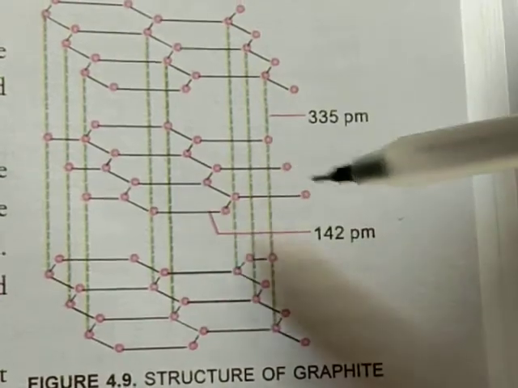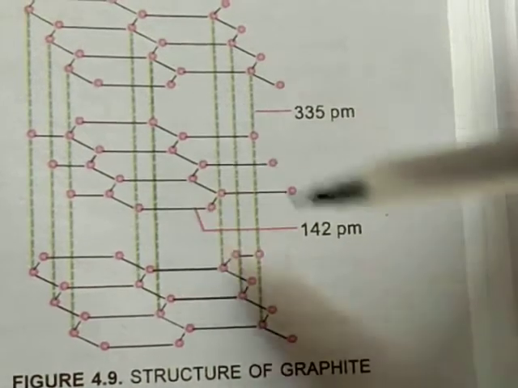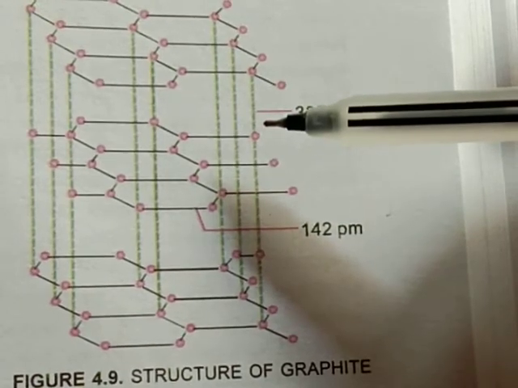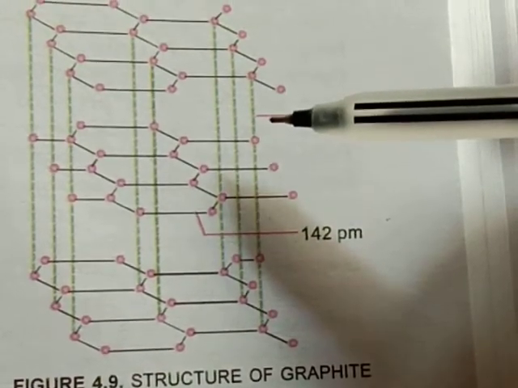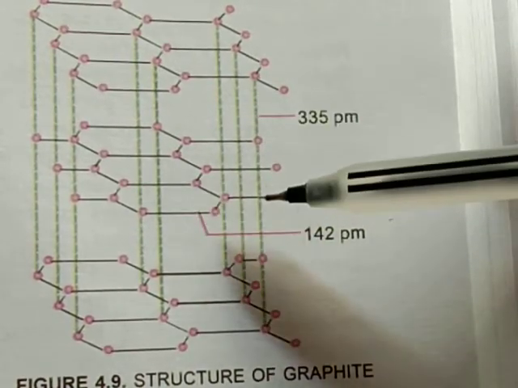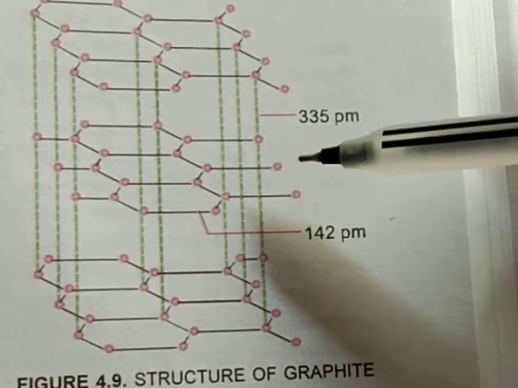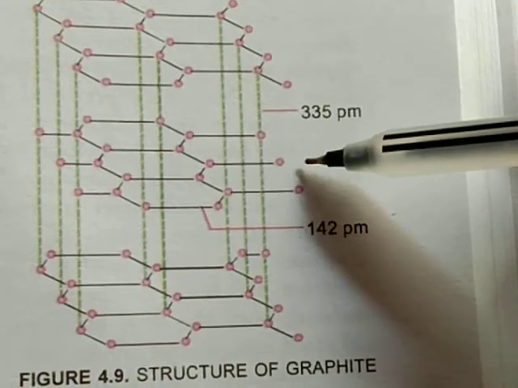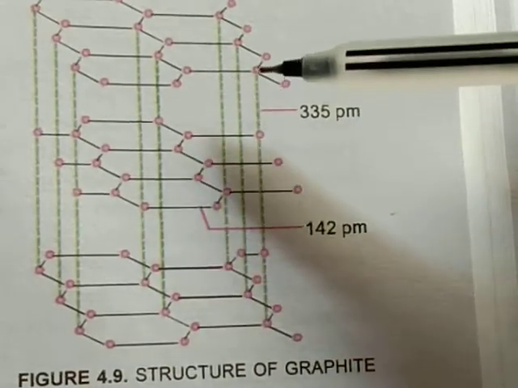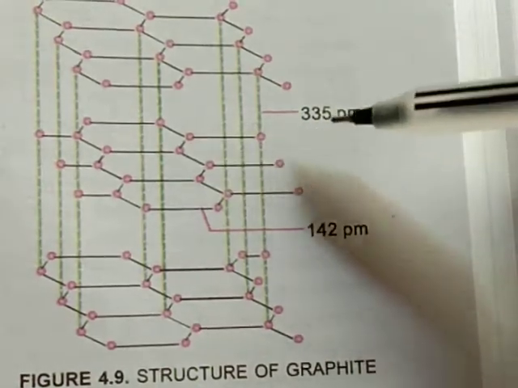Now what are the uses of graphite? First, graphite is used to make the electrodes for cells. Second, due to being soft and greasy, it is used as a lubricant in the parts of machines. Third, graphite can be used for melting substances with high melting point.